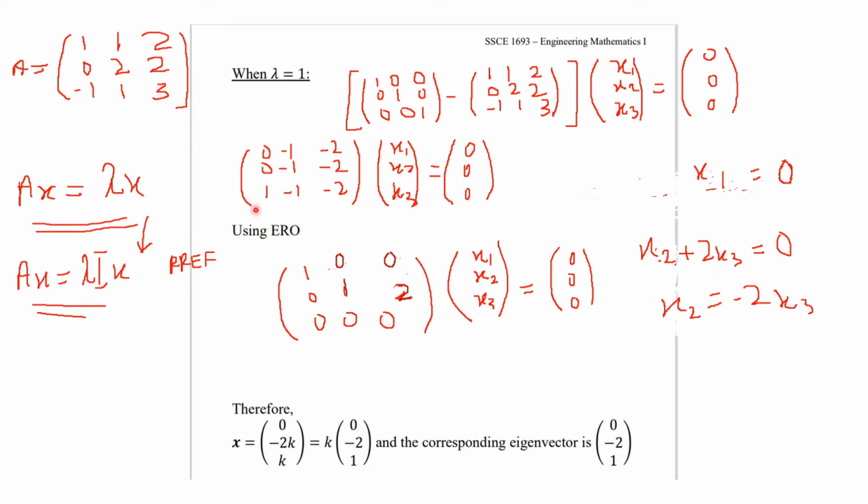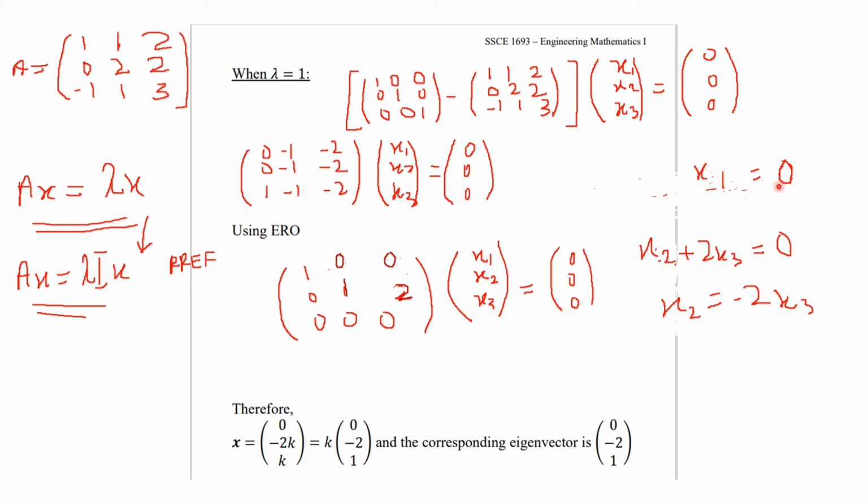From here, we can proceed with the ERO for this matrix, or the RREF, which is the reduced row echelon form, and from there it gives us 1, 0, 0, 0, 1, 2, and 0, 0, 0. From here, we can find two different equations, which are x1 equals 0 and x2 plus 2x3 equals 0, which I have written down here.